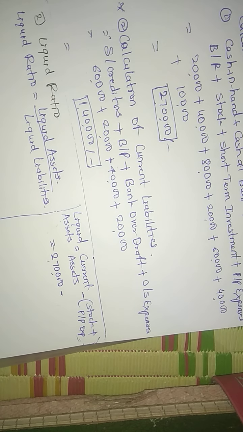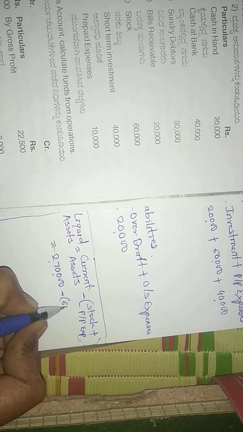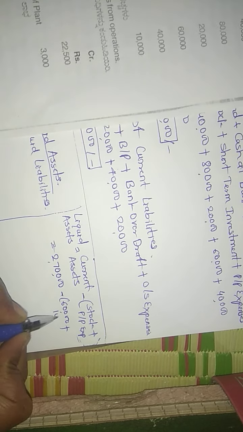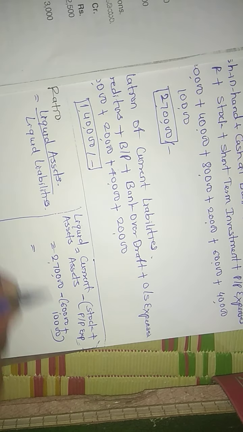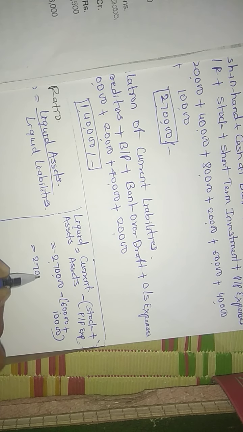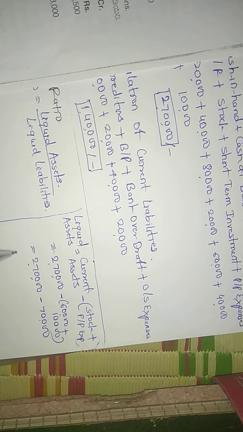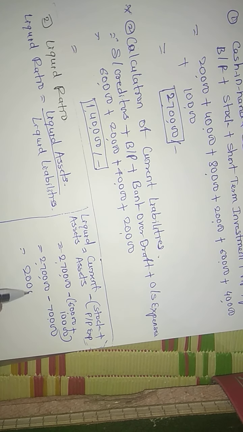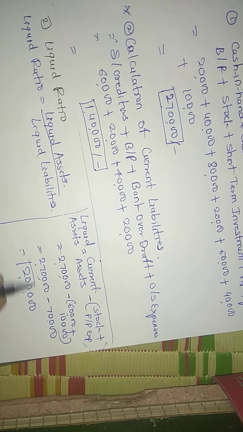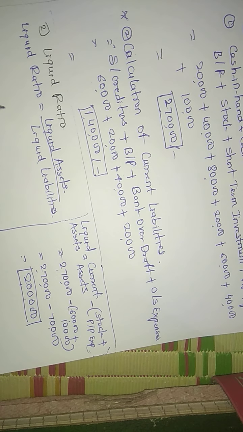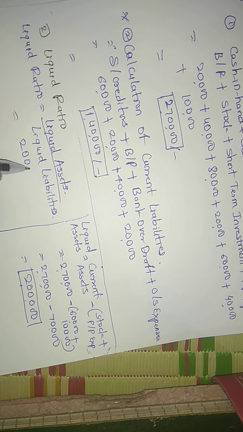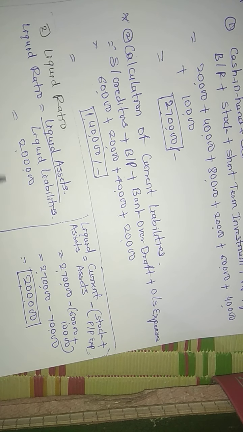What is the amount of stock? See in the question paper, the amount of stock is 60,000. So write here 60,000 plus the value of prepaid expense is 10,000. Okay, if we deduct these amounts from 2,70,000, we get 2 lakh as liquid assets. So I am writing here 2 lakh as the amount of liquid assets.